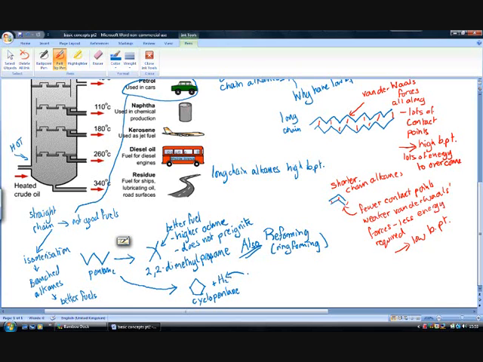Now the hydrogen can be of use in other processes, for example in the making of margarine, which we'll come on to when we do alkenes. So these also do not pre-ignite, and they have a higher octane value.